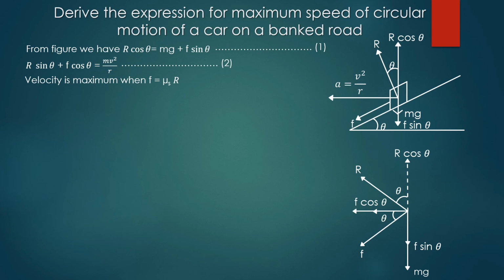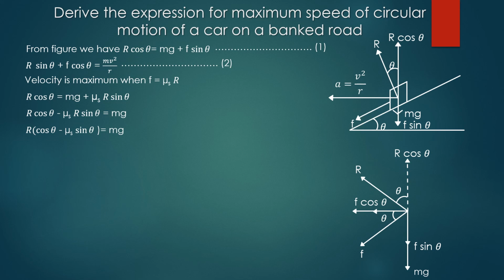Now we'll substitute the value of F in equation 1, that is R cos theta is equal to mg plus mu s R sin theta. Now rewriting the equation as R cos theta minus mu s R sin theta is equal to mg. Taking R as common, R into the bracket of cos theta minus mu s sin theta is equal to mg.